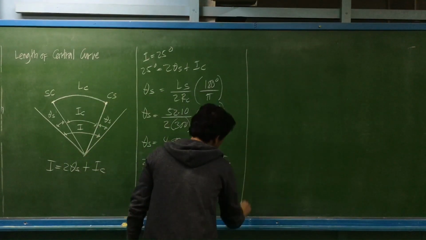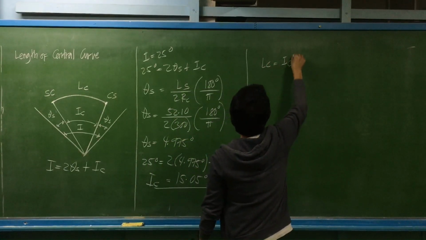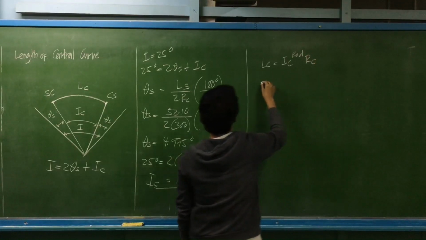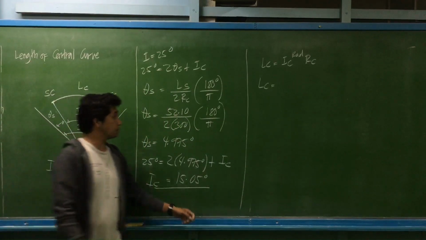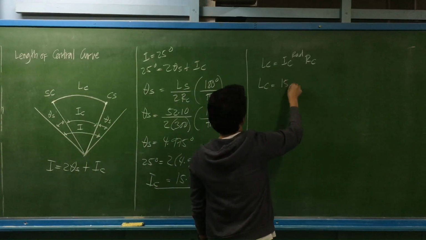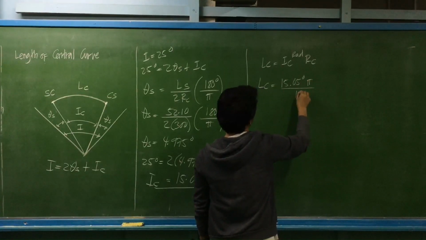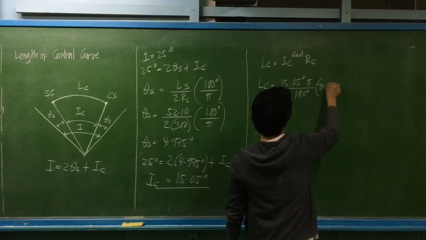Okay, kunin natin yung length ng central curve. This is L sub C equal to I sub C in radian times the radius of the central curve. So we have L sub C is equal to, yung angle ng central curve is equal to 15.05 degrees. This is times pi over 180 para maging radian times yung radius ng curve is equal to 300 meters.